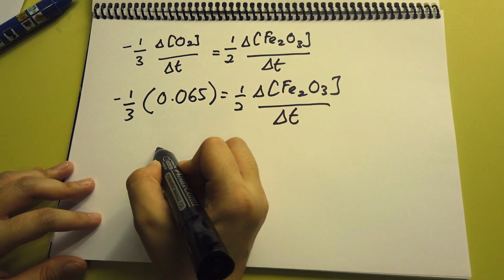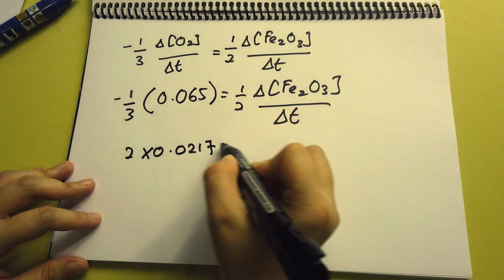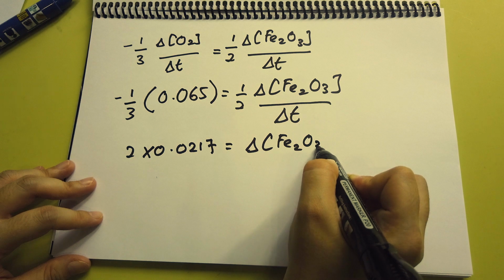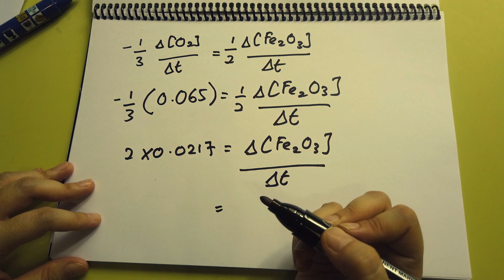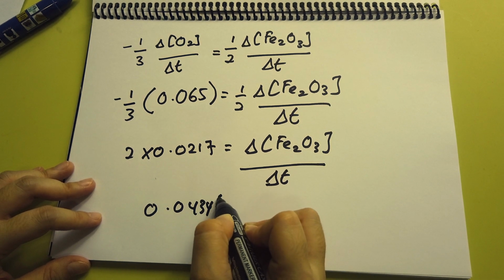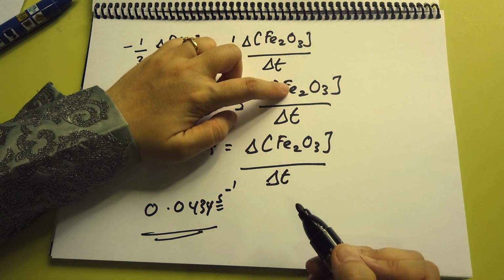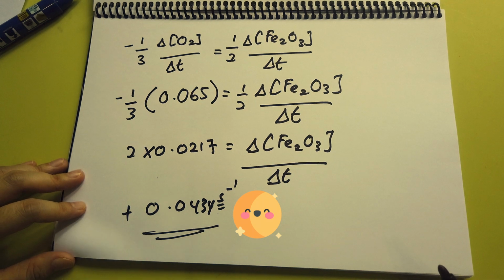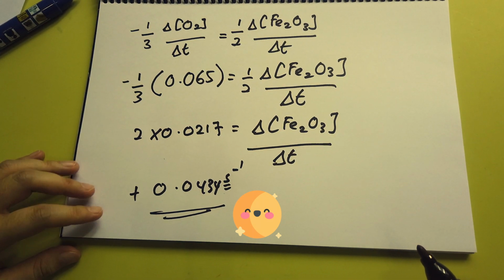So you should get 0.0217 times 2 equivalent to delta Fe2O3 over delta t. So you should get 0.0434 per second. Since this is a product, it should have a positive sign over here. So this is your final answer for this question.